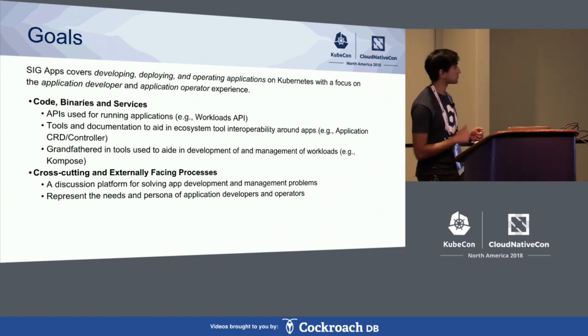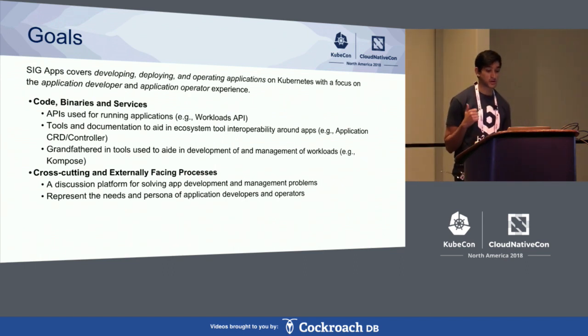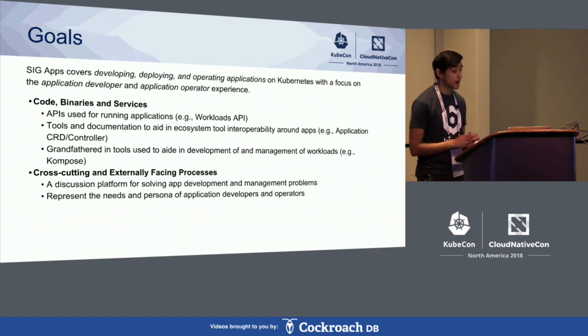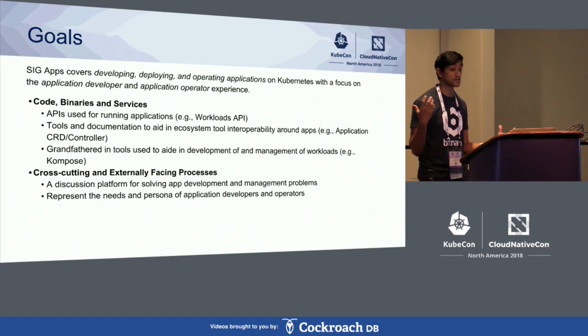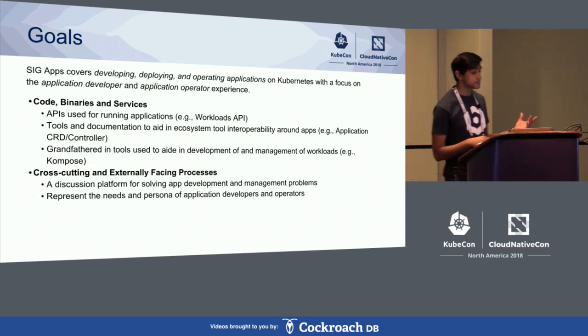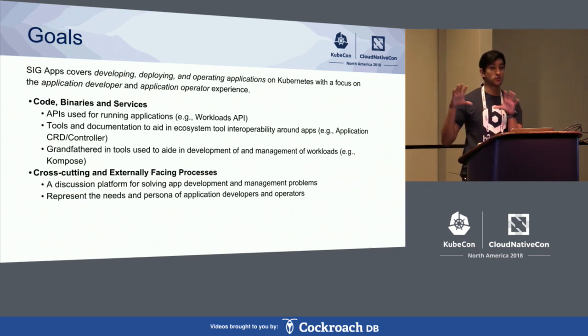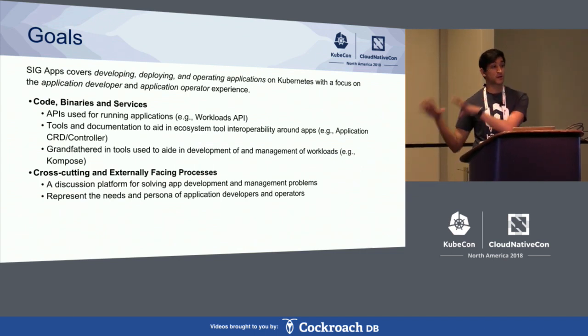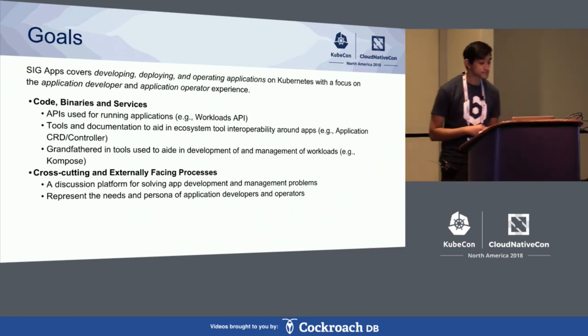I'll go through this in a little bit, but these are the APIs that you're familiar with: deployments and stateful sets and daemon sets and all that good stuff. But we also own some tools that help define and deploy applications. Things like Compose with a K, which takes your Docker Compose files and helps you migrate onto Kubernetes.